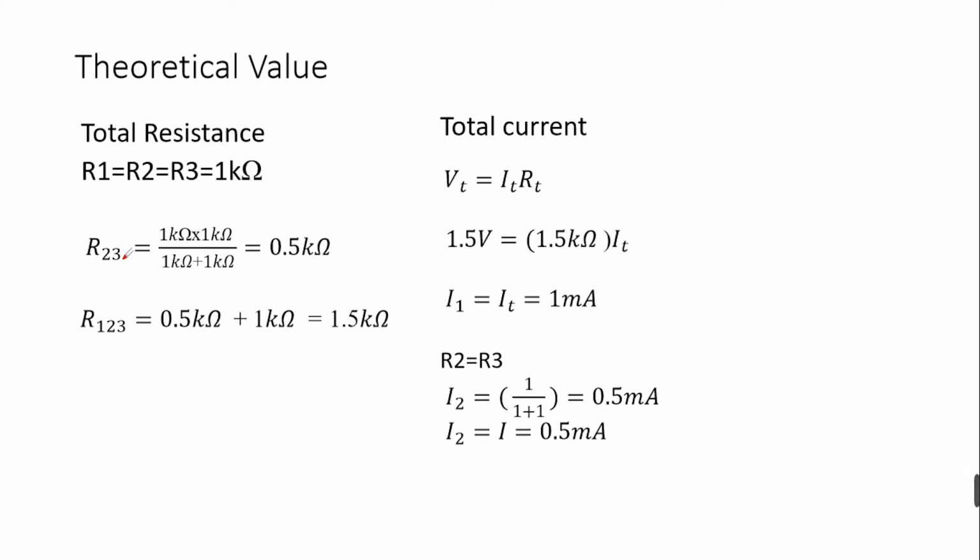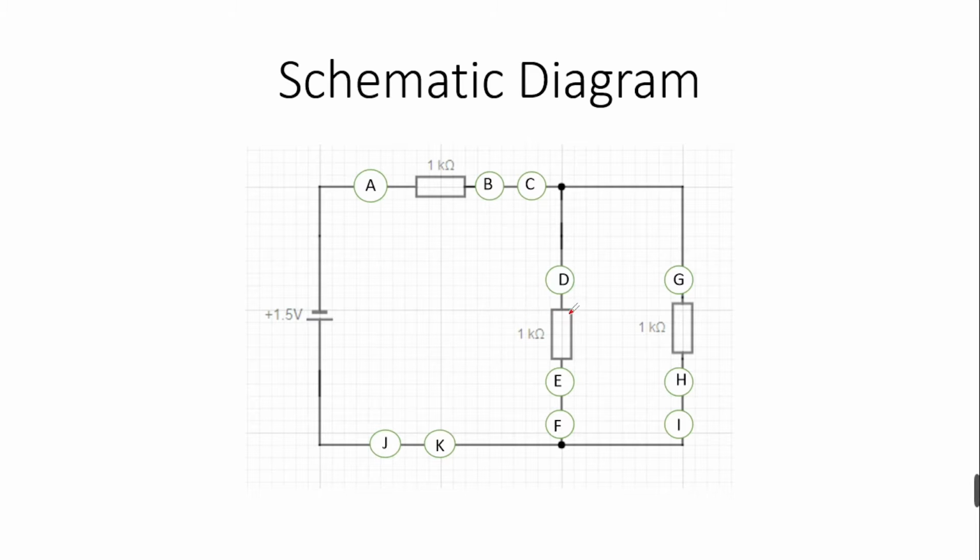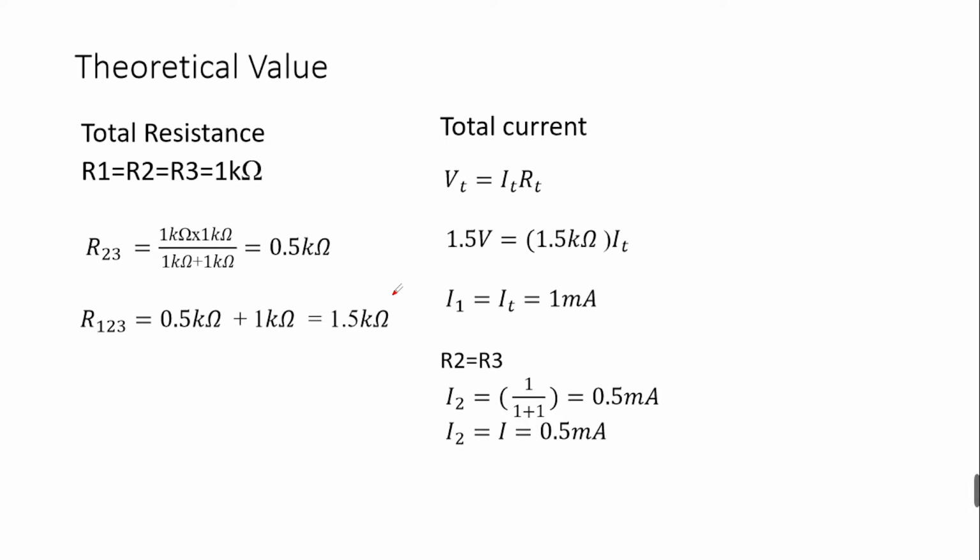R2 and R3 are connected in parallel, so we find R23 first: 1 times 1 over 1 plus 1 equals 0.5 kilo ohm. So R23 is 0.5 kilo ohm.